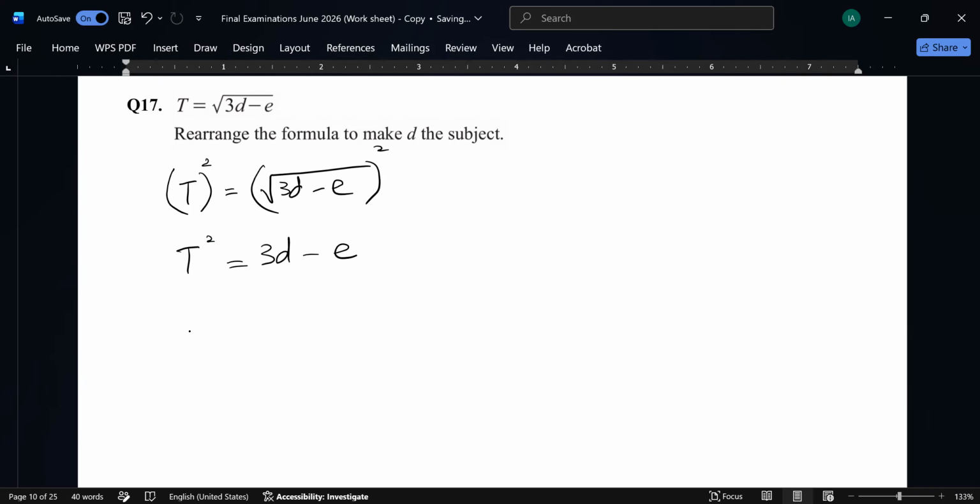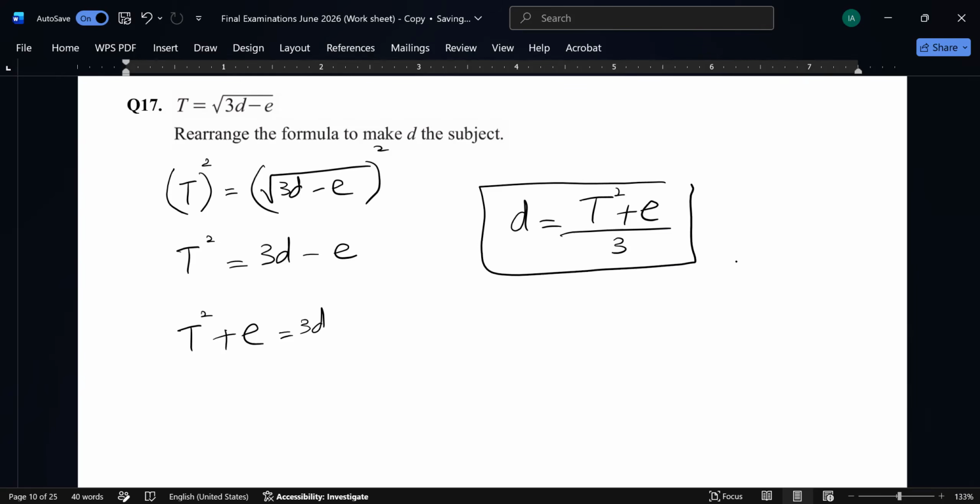So first we move e squared to the left, which becomes plus e. Now moving 3 from the right hand side. So it's going to be t squared plus e over 3. This is how we can make d the subject.